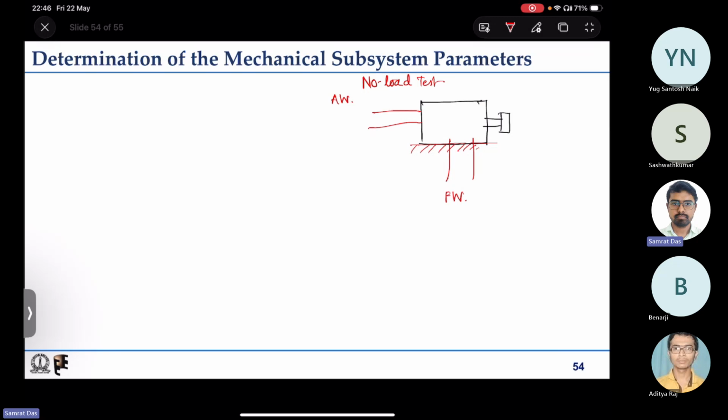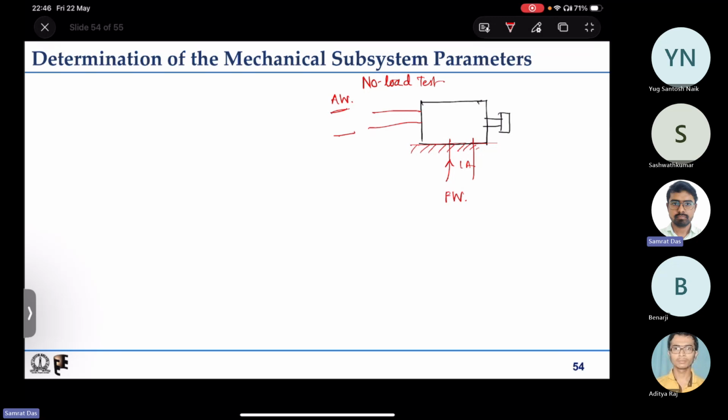So in this case you will be injecting some field current. Say you inject the rated field current, say 1 ampere, whatever it is, you excite the motor with that, and you run the motor at different speeds by varying the armature voltage.